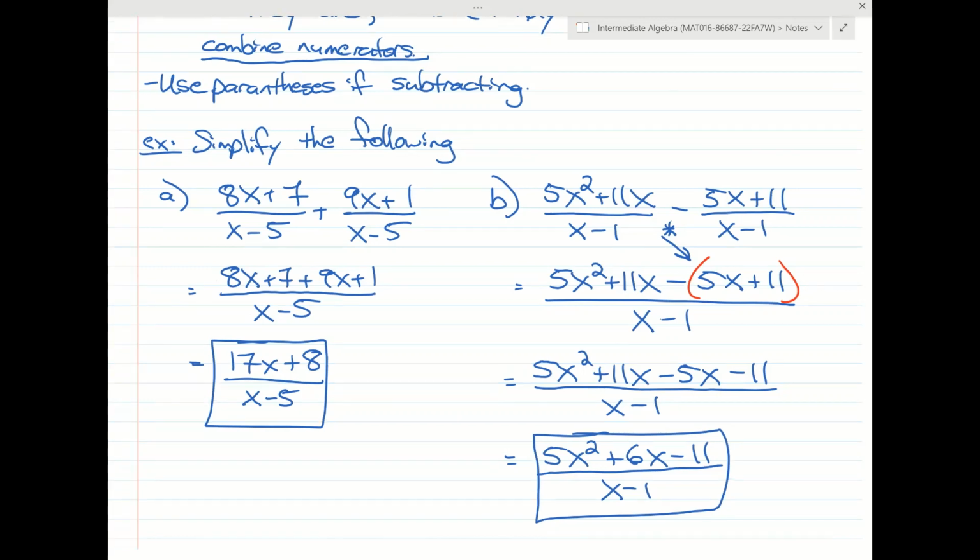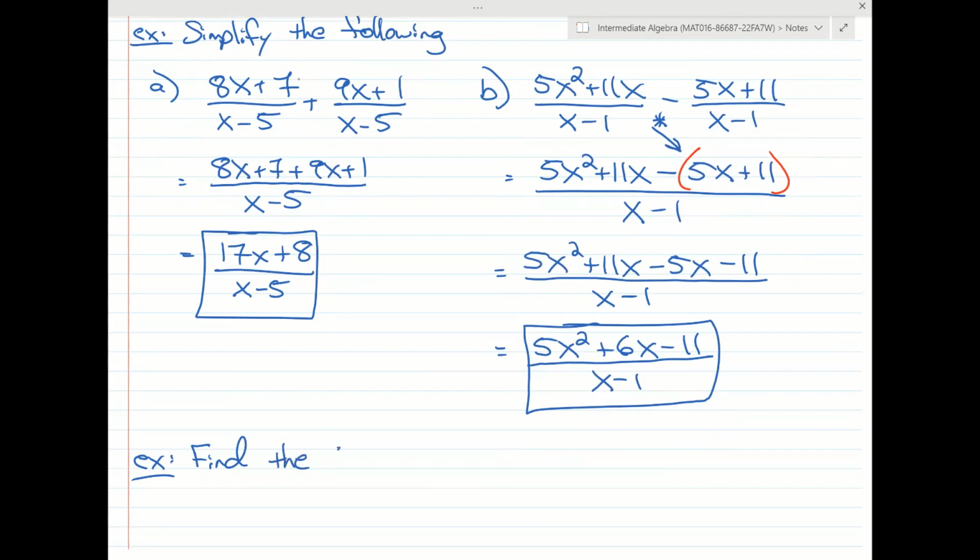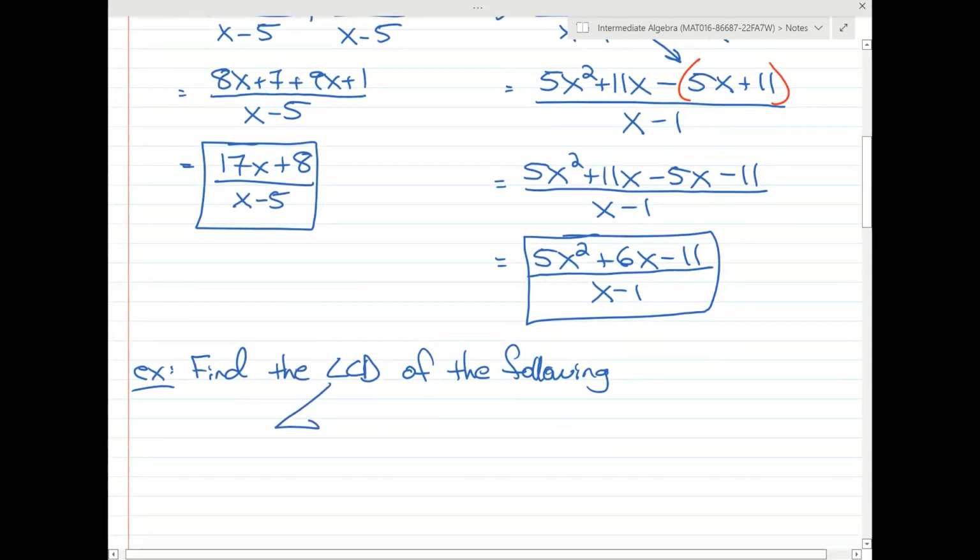All right, so now we'll do a different type of problem where I ask you to find the LCD of the following. When we're talking about LCD, there's a couple things I just want to talk about.